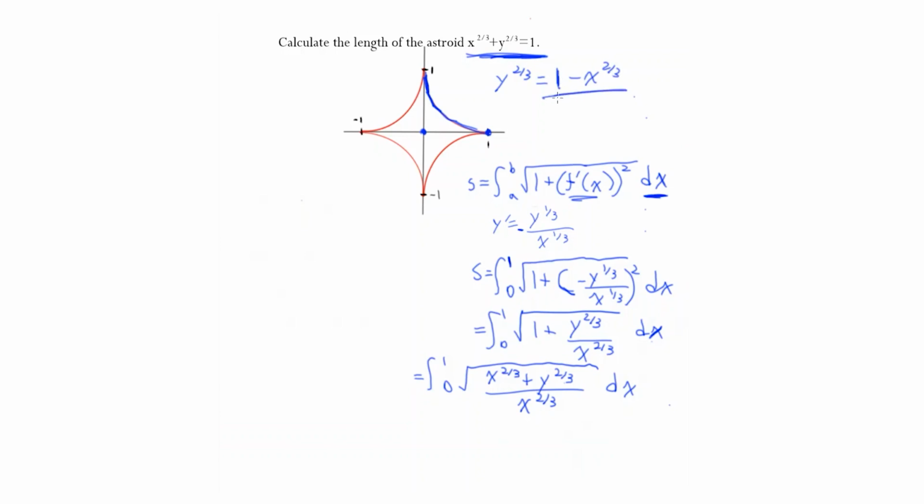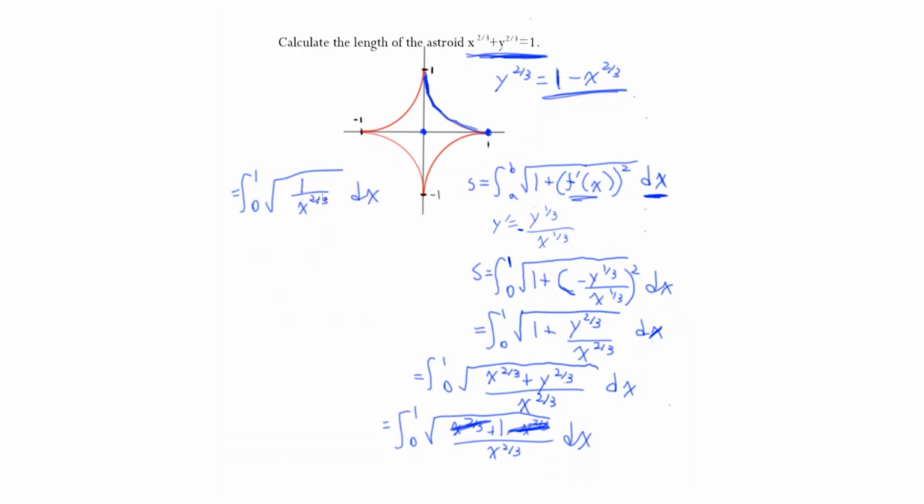And so we just plug this in for y to the 2/3. And then from there, the x to the 2/3 and the negative x to the 2/3 will cancel out, leaving us with the square root of 1 over x to the 2/3 dx.